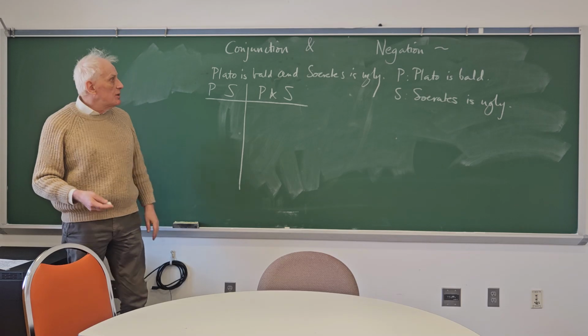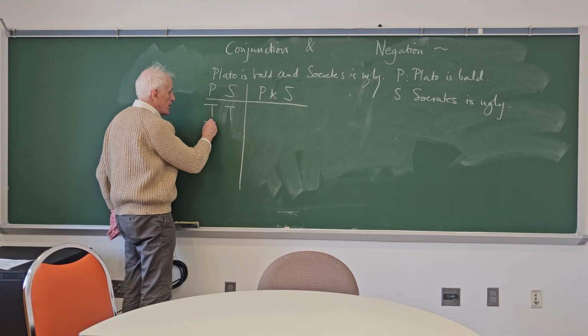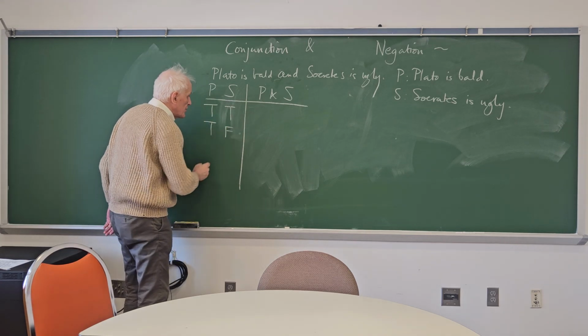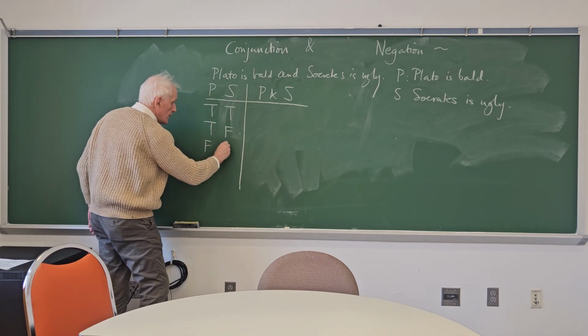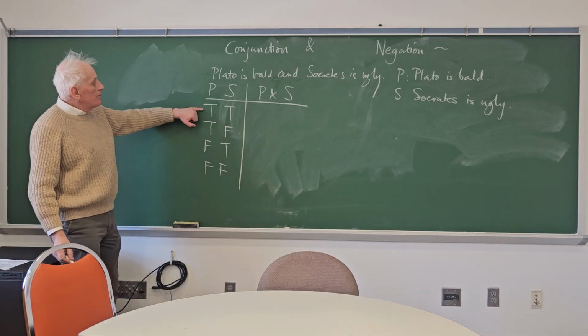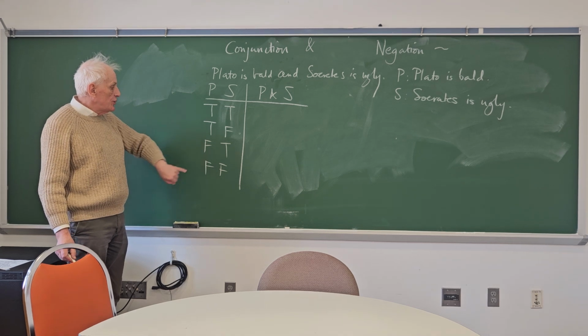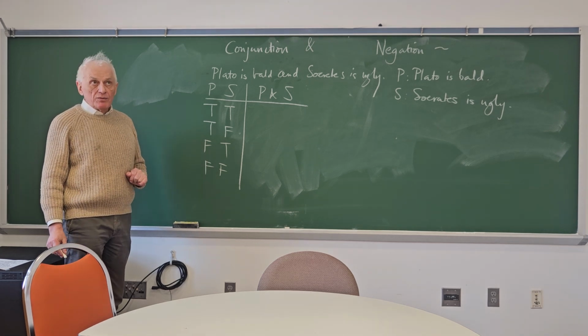And in a very similar way then, there are 4 possible combinations of truth values for 2 atomic sentences. They could both be true, or P could be true and S false, or P could be false and S true, or they could both be false.